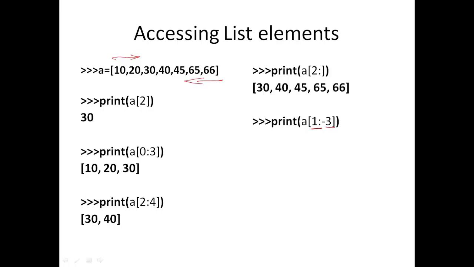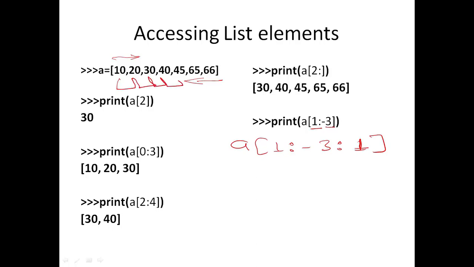Here we have omitted the step value, so the default value will be +1. So this is equivalent to A[1:-3:1].